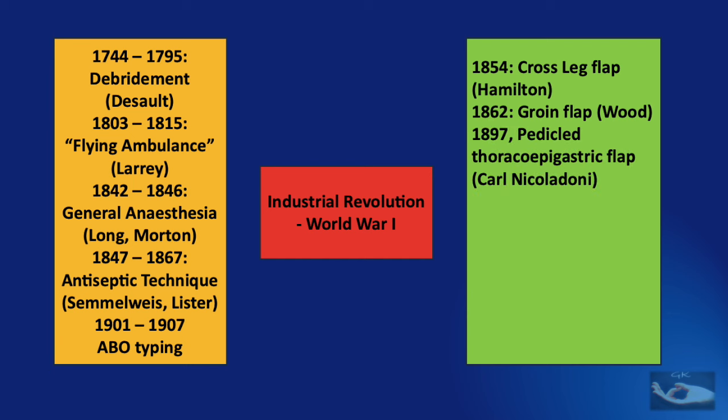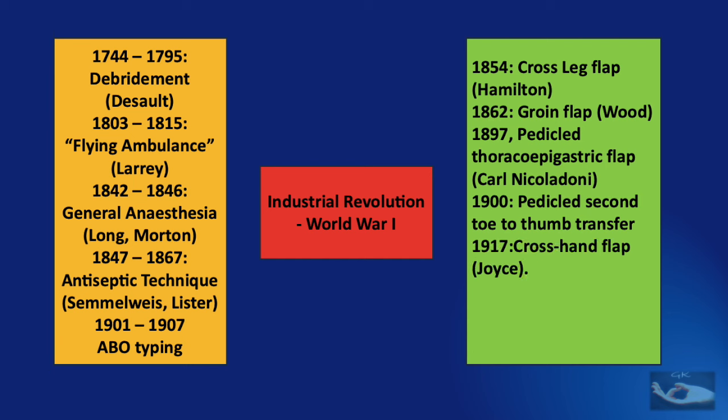In 1897, Carl Nicoladoni applied the distant flap concept with a pedicled thoracoepigastric flap to cover a degloved thumb. Nicoladoni himself later further developed the distant flap concept with application to finger reconstruction in his description of a pedicled second toe to thumb transfer in 1900.